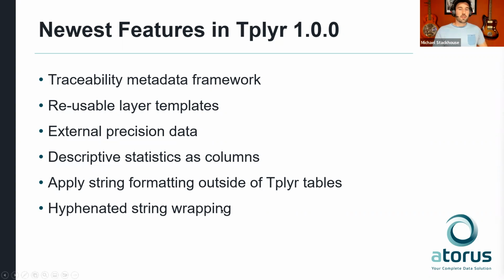You can now use our string formatting capabilities outside of T-plier tables, which you'll see a little bit today when you get into the F-string objects that we have. So you can use those format strings outside of T-plier in a context like dplyr mutate. And then we also added a new tool to do hyphenated string wrapping.